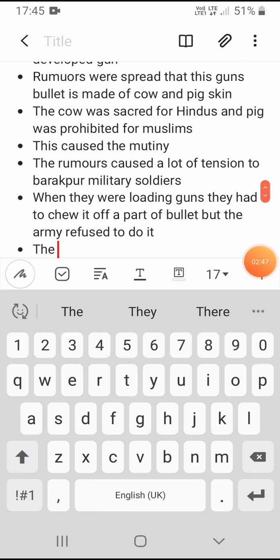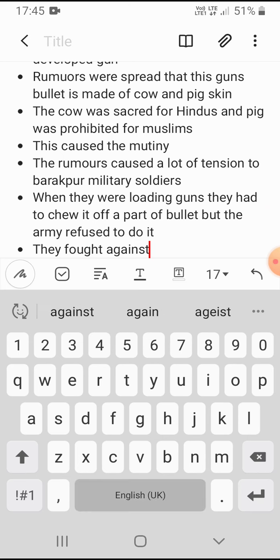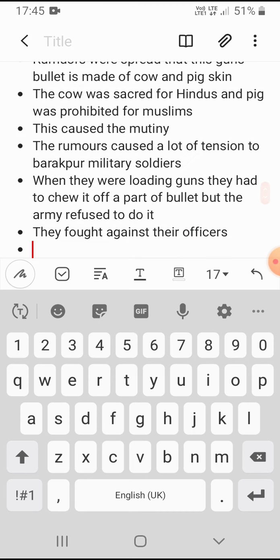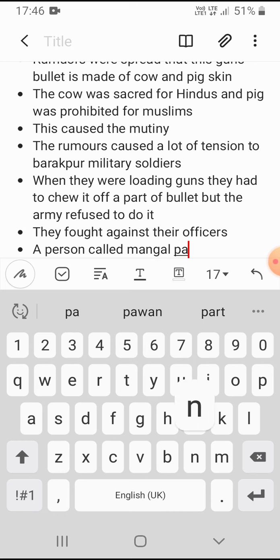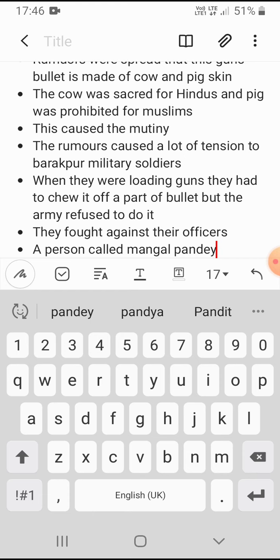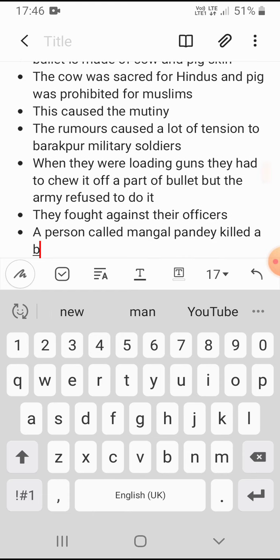They fought against their officers, and a person called Mangal Pandey killed a British officer.